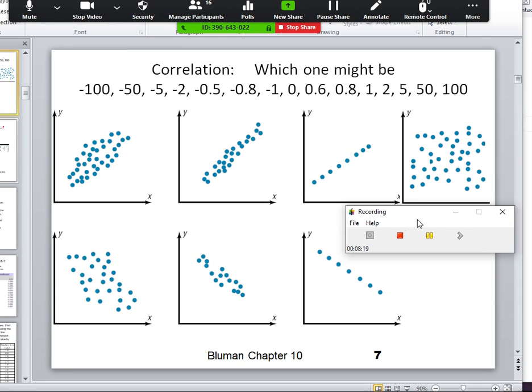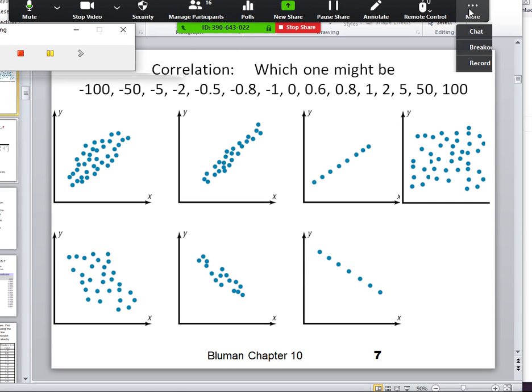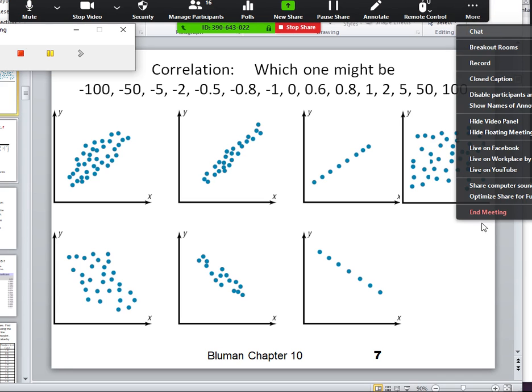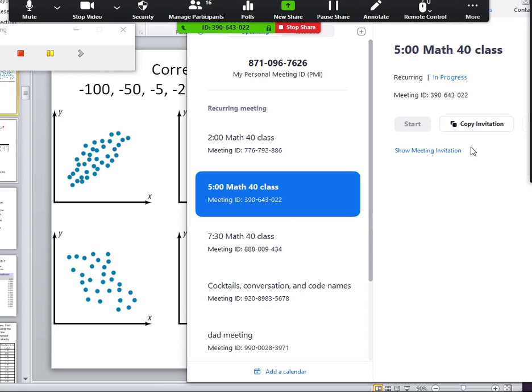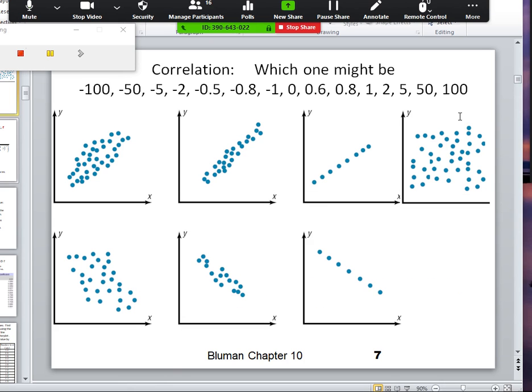Which one, private chat me, which one is 100? In the private chat, don't say it out loud, just indicate which one. Why is my private chat not coming up? I don't understand why my private chat isn't coming up. Okay, there we go.